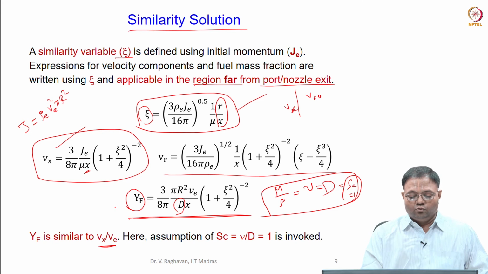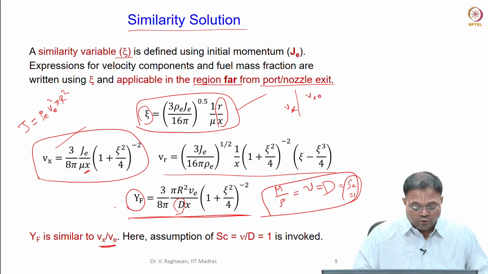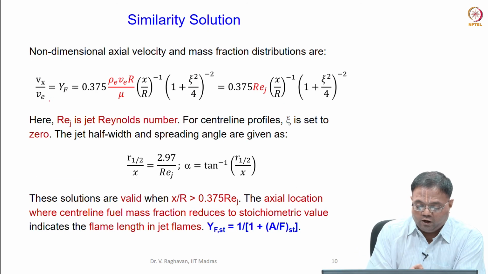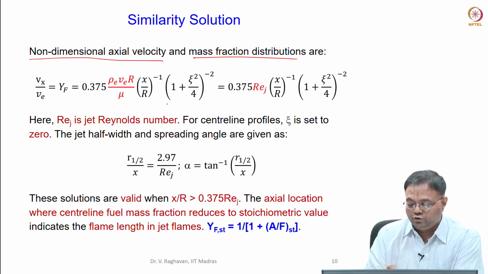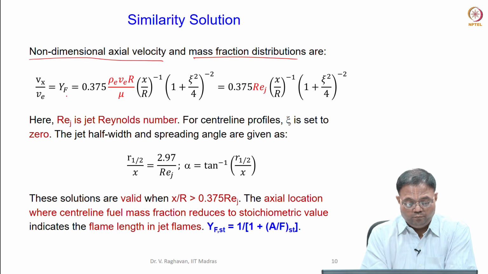At any x you can do this, and this is the profile. Now, if you want to plot, the non-dimensional axial velocity and mass fraction distributions are given here. Basically, this is Vx by Ve, which is equal to Yf, that is the profile here. So, that is what I get: 0.375 rho e Ve r by nu.